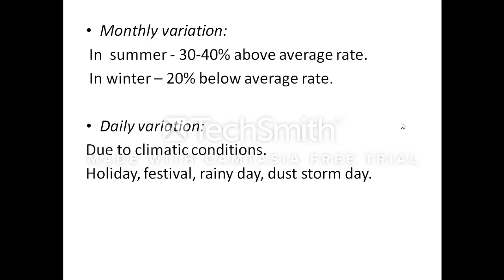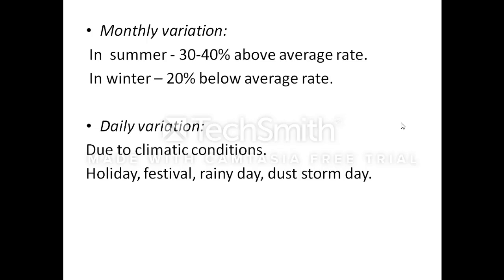Now starting with the monthly variation, or we can say seasonal variation. It's the change in demand of water from season to season. Like if you find out the average rate of demand for a year, in summer the demand will be 30 to 40% above that average, and in winter it will be 20% below average.